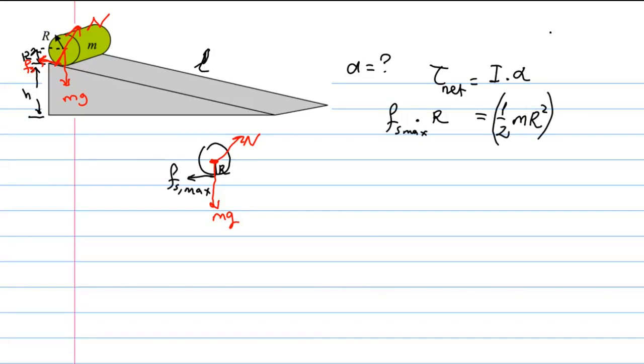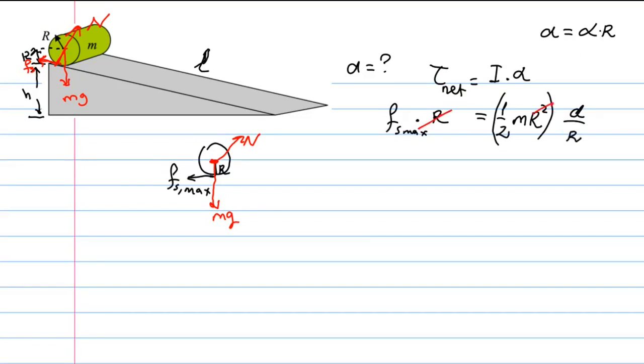The relation between linear acceleration and angular acceleration is a equals alpha times r. From here alpha is a over r.